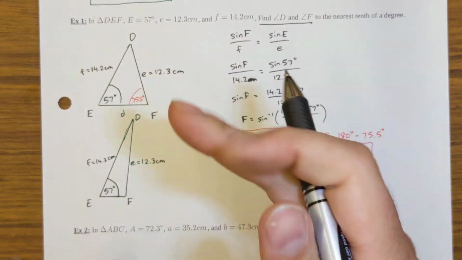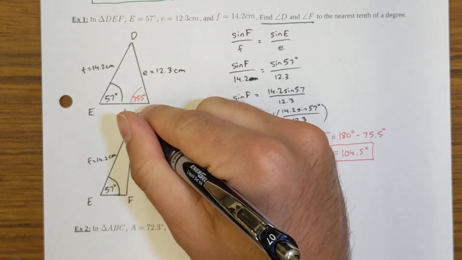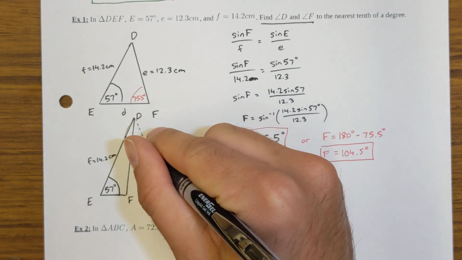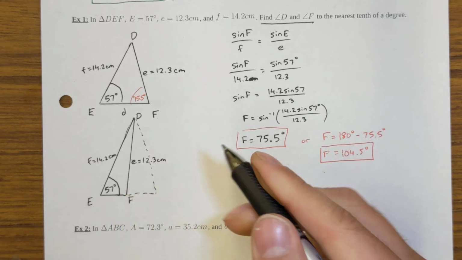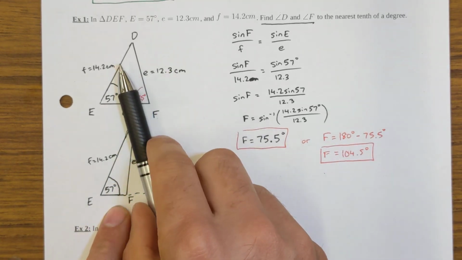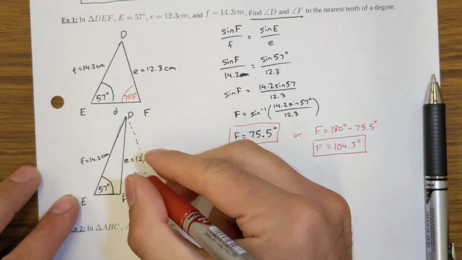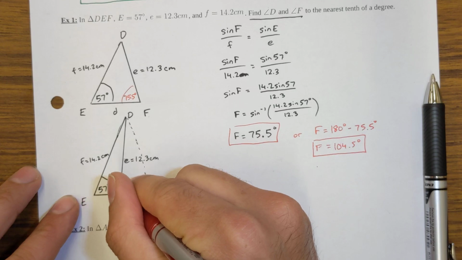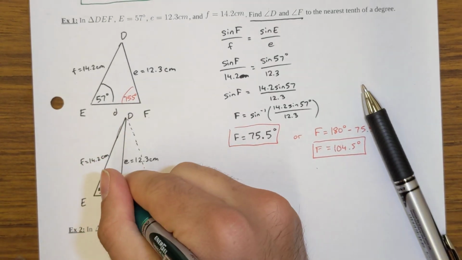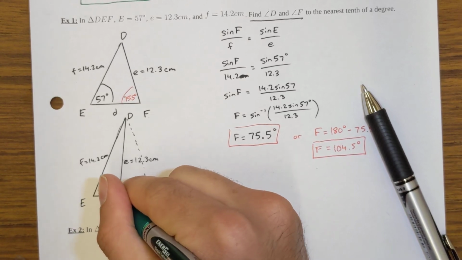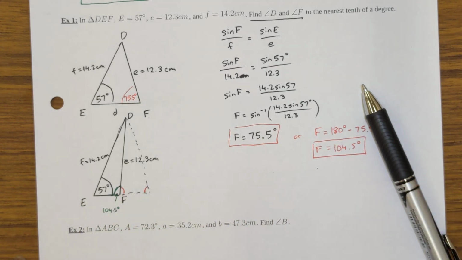It's kind of swung all the way back, and you get that same shape. Either I could be 75.5 degrees here or 75.5 degrees here, meaning this angle here is the 104.5 degrees.